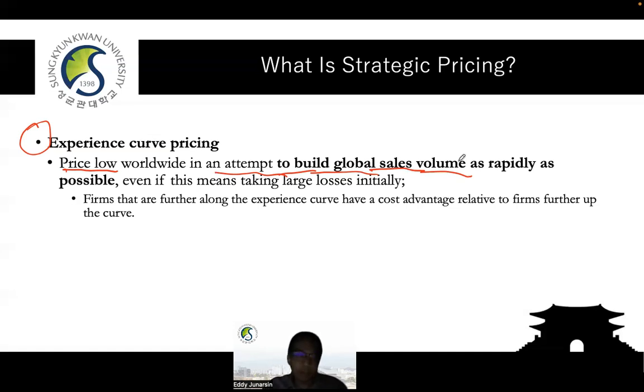So now you see the prices have gradually gone up, and quality has been higher as well, because they have learned from this kind of experience curve.